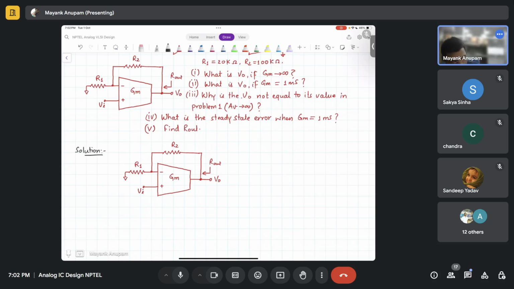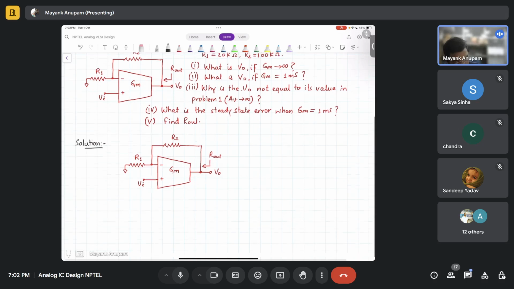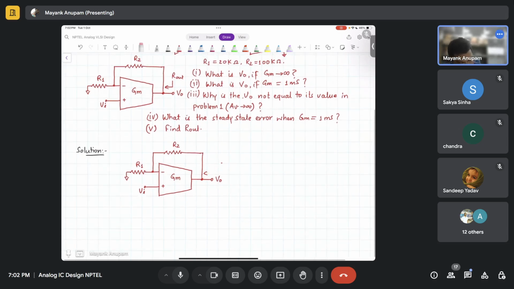Now what? Again, like the previous question, this guy only has one job, right? It has to supply how much current at the output? GM times whatever difference it sees at the input, right?